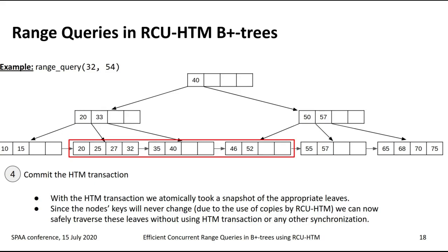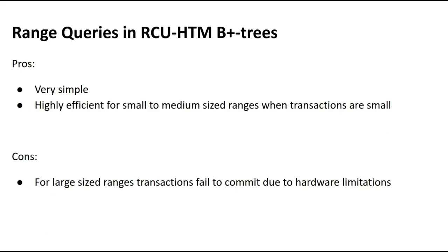Actually, with the HTM transaction, what we did was to atomically take a snapshot of the appropriate leaves. So if another thread concurrently tried to modify, to add or remove a key from the desired range, then the transaction would have aborted and the operation would have restarted from scratch.